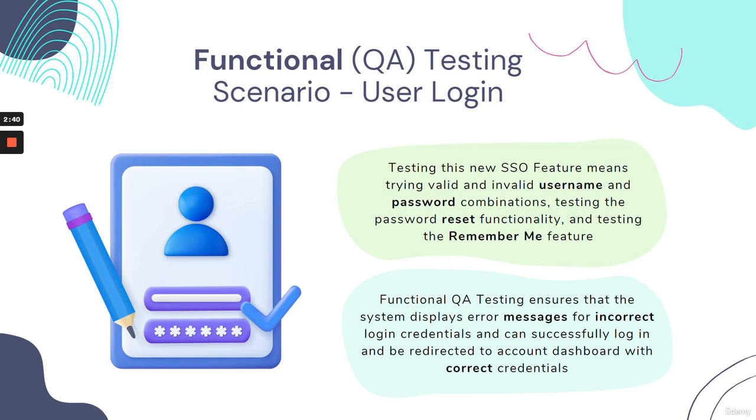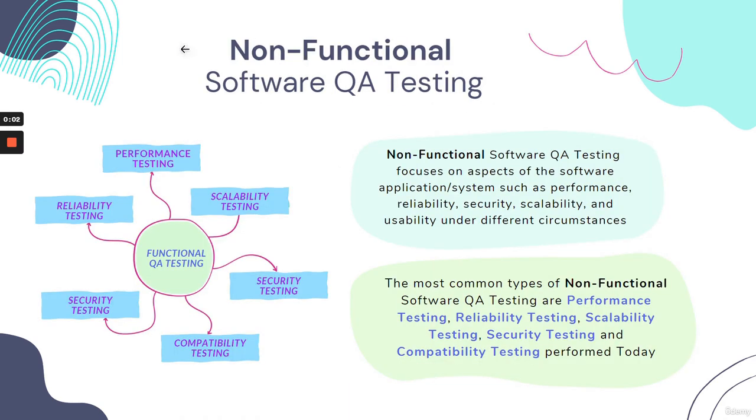Functional QA testing ensures that the system displays error messages for incorrect login credentials and can successfully log in and be redirected to the account dashboard with the correct credentials for that user. The second type of software testing is non-functional software testing.